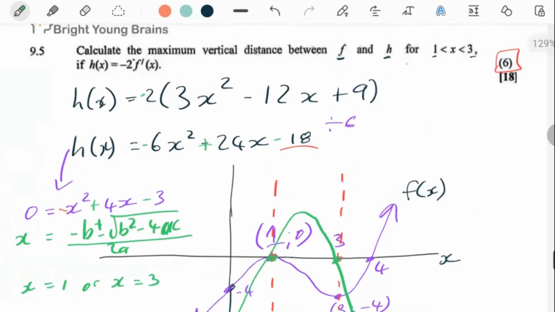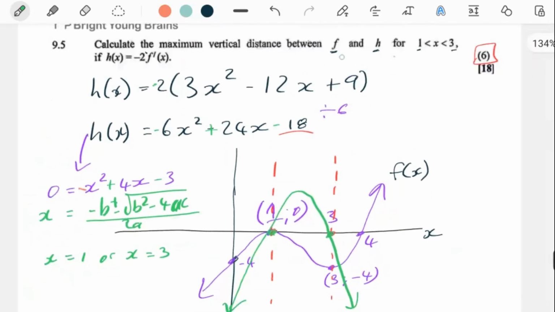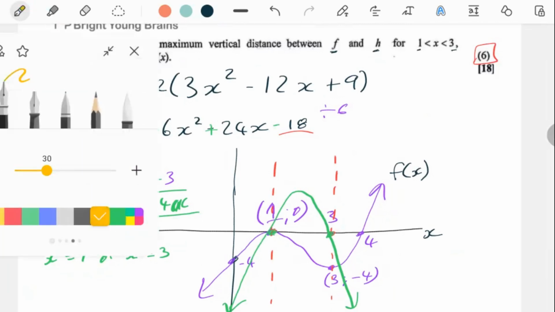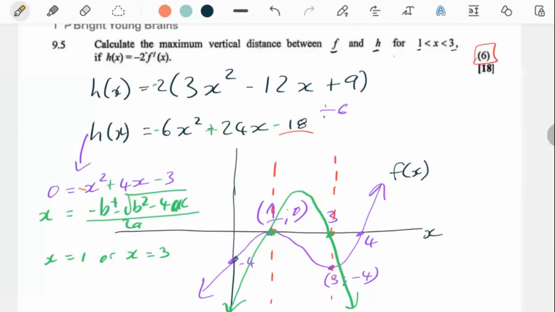The question said, calculate the maximum vertical distance between f and h between 1 and 3. So the maximum vertical distance, regardless of where it is, what they're looking for is, for example, the distance from here to there, the highest possible one. The equation of h is the one with the higher y value here.